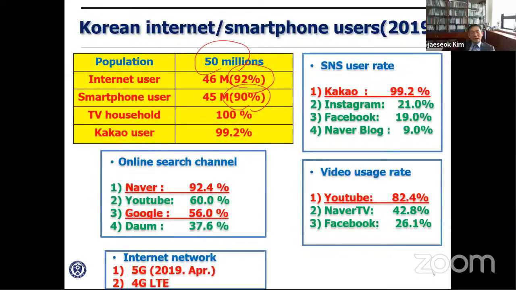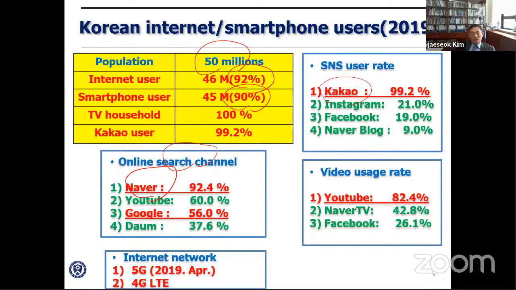Well, as an online search channel, Koreans prefer Naver, which is a Korean-made search engine, over Google. Even on social media, most Koreans use Kakao, which is made in Korea.